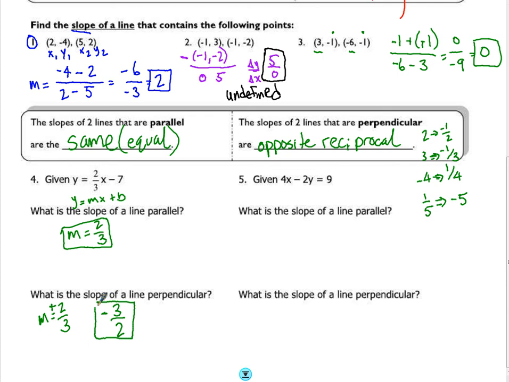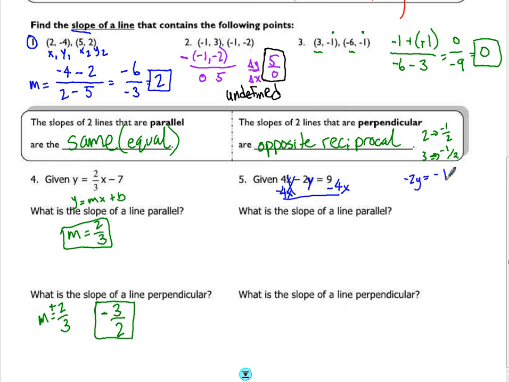Now looking at our problem number 5, we're given an equation that's in standard form and not slope-intercept form. So before I can identify the slope, I need to solve this equation for y. To do that, I'm going to subtract the non-y terms to the other side. I'm going to erase some of this so I have some more space. I'm going to end up with -2y is equal to -4x plus 9.